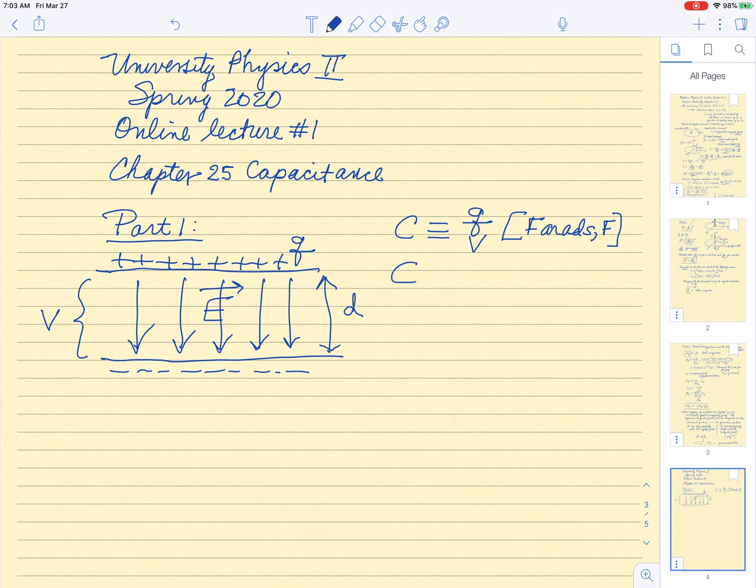And we derived in class that, knowing the electric field is equal to sigma over epsilon naught, the capacitance for a parallel plate only can be described as epsilon naught times the plate area over the plate separation. Now remember, this is only good for a parallel plate arrangement.